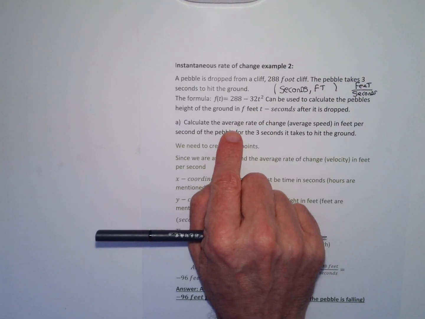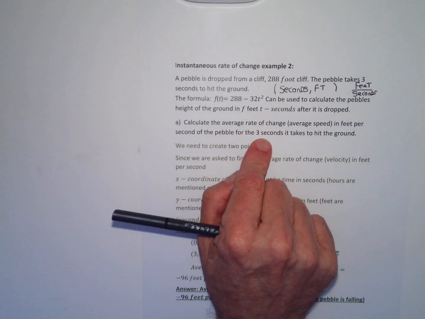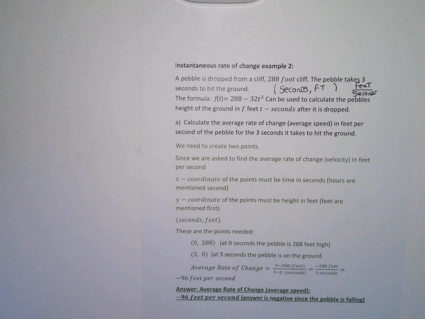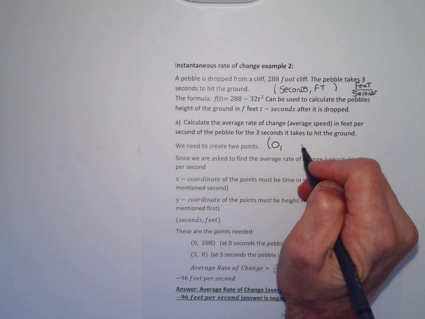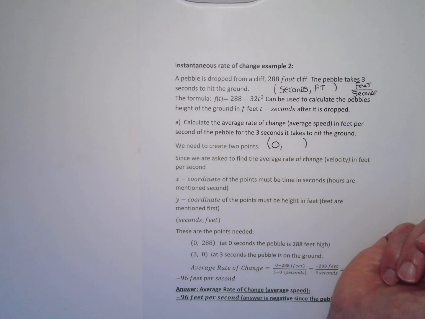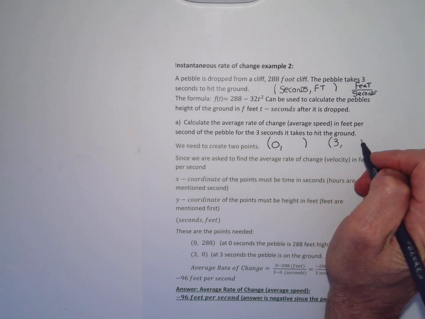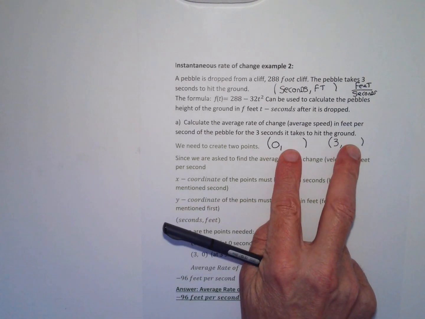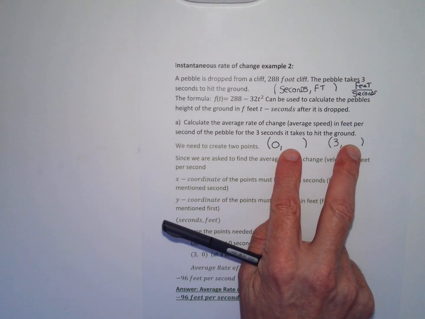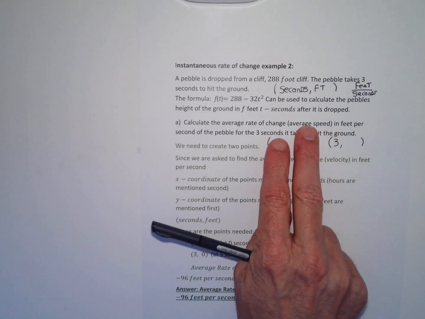First, I'm going to find the average rate of change, its average speed for the 3 seconds that it took to hit the ground. So to find the average rate of change, I need to know 2 points. I need to know for the whole time that it's flying, from the moment that it started being dropped at time 0 to time 3, what its height was, because the average rate of change is going to give me its average speed over the time interval.